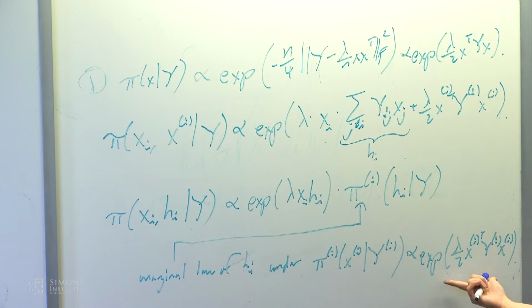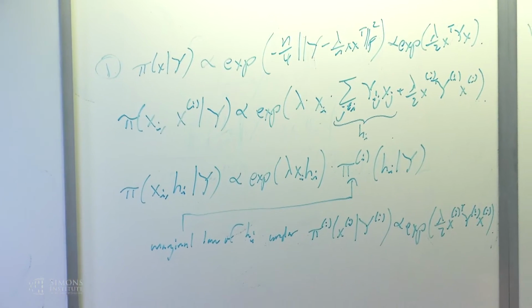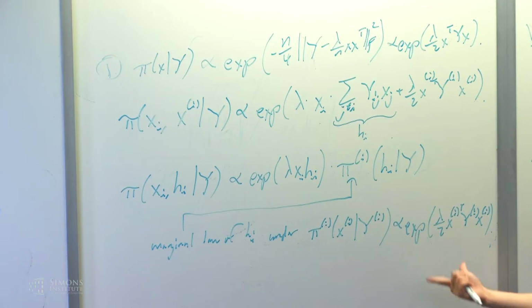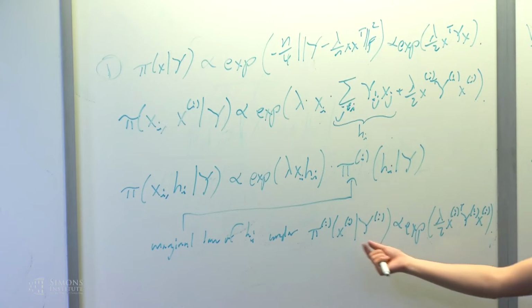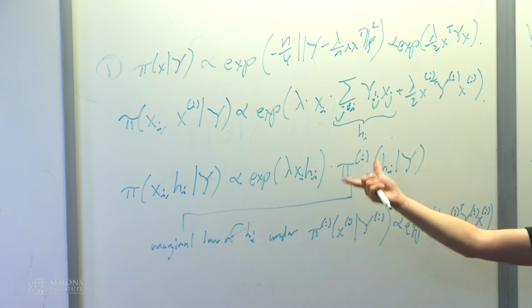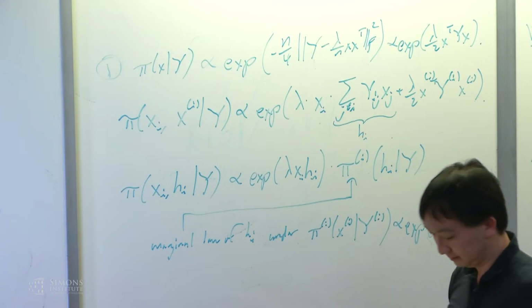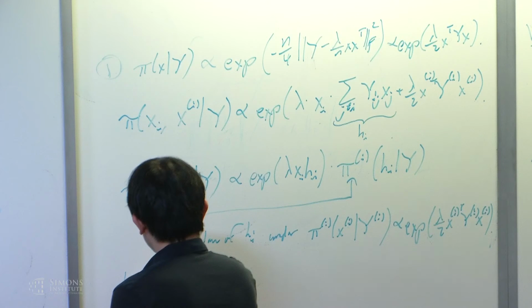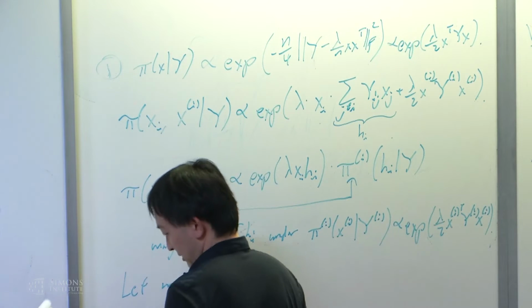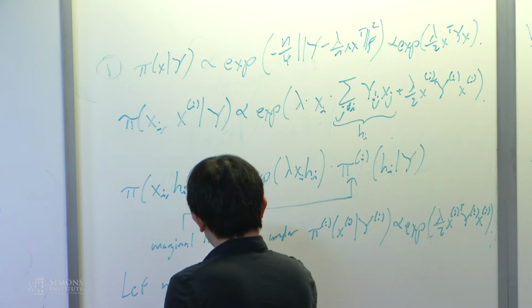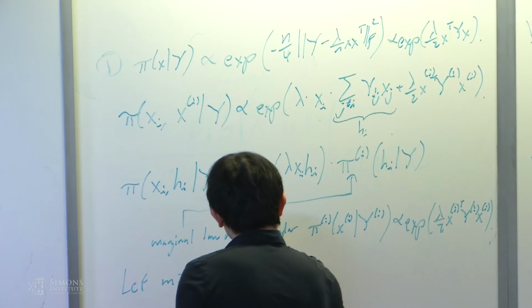What this distribution represents is that I've removed the ith coordinate from my model. I'm looking at a model with n minus 1 parameters, and this is the corresponding posterior there. Whatever law that induces on hi, I then define this variable hi, and this is my joint law of xi and hi. So we can let m be the posterior mean of x.